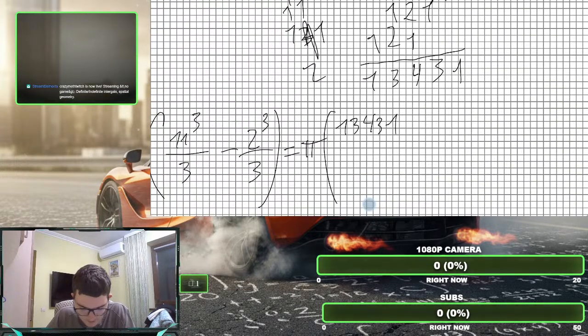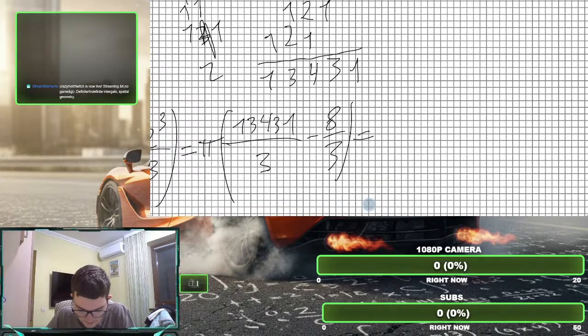Can I even divide it by 3? Perhaps not. Whatever. I don't think that's actually correct. So you'll have just pi and 13,423 divided by 3.